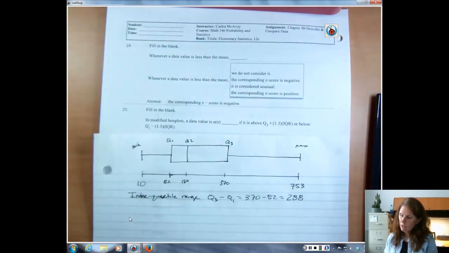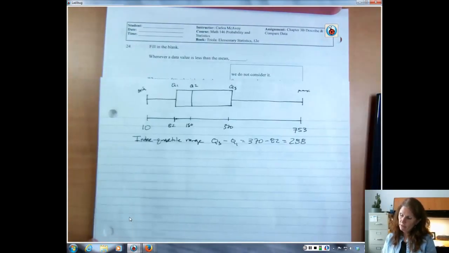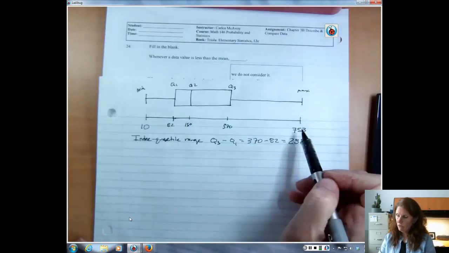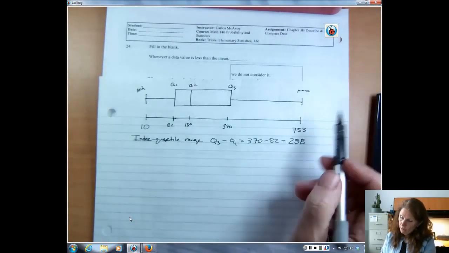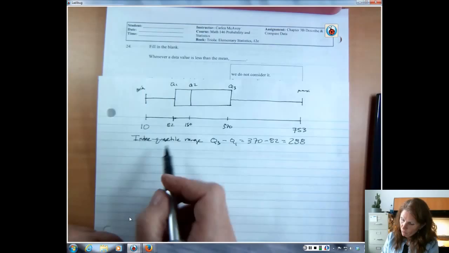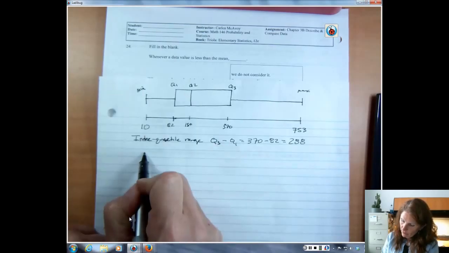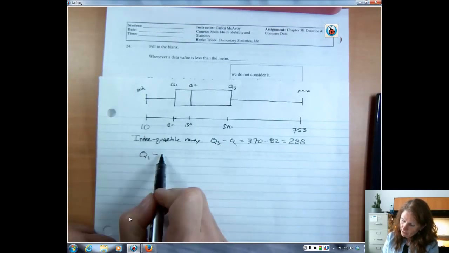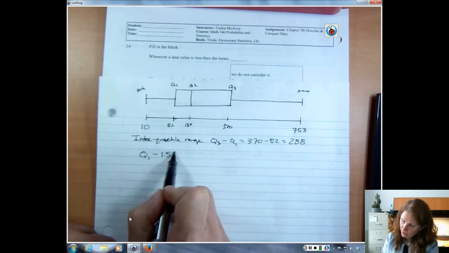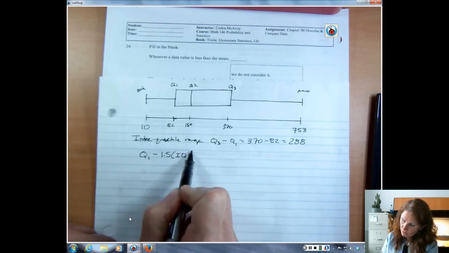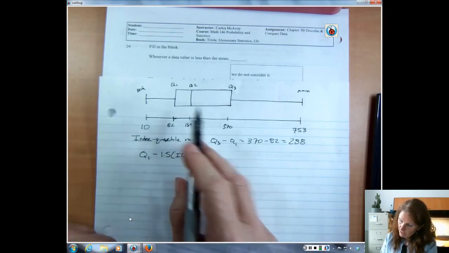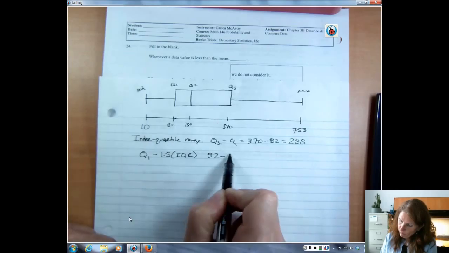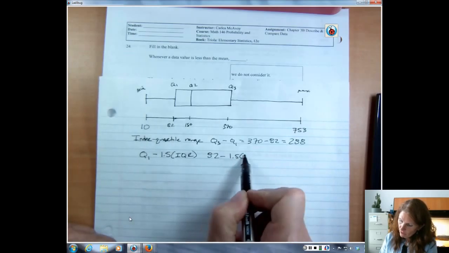And then I want to know, do I have any outliers? Is this number out here, 753, an outlier? Well, what I do is I take my quartile 1 value and I subtract 1.5 times the interquartile range. So that looks like 82 minus 1.5 times 288.